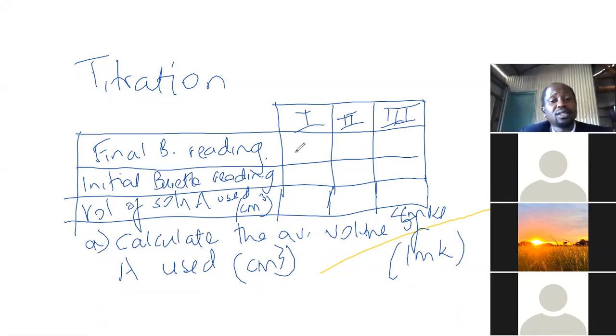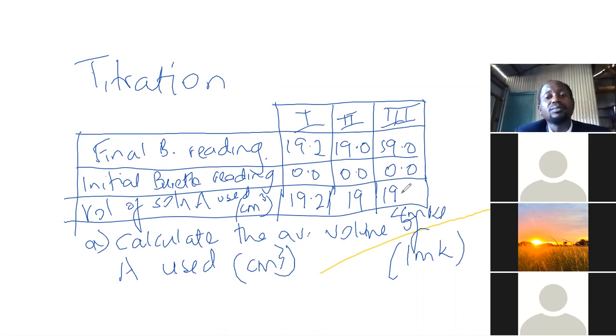So we have, for the first titration, 19.2. Second one, 19.1. And the third one, 19.0. And because there is an average being asked, the candidate goes ahead.